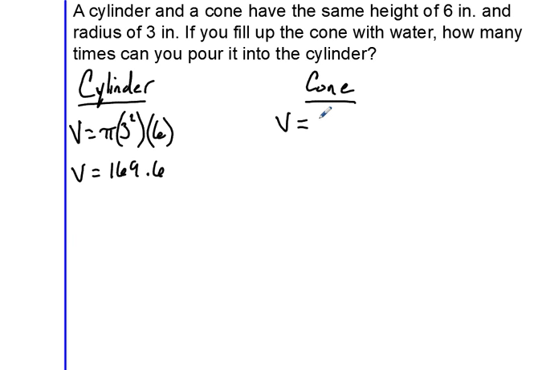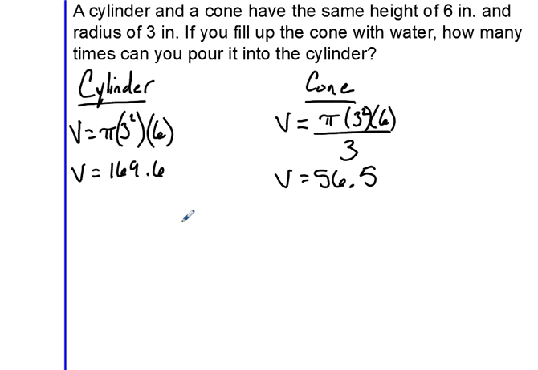The cone volume is done by doing pi times radius squared times height, all divided by 3. So the volume of the cone is done by squaring the 3 first, so that's 9. So pi times 9 times 6, all divided by 3, comes out to approximately 56.5.